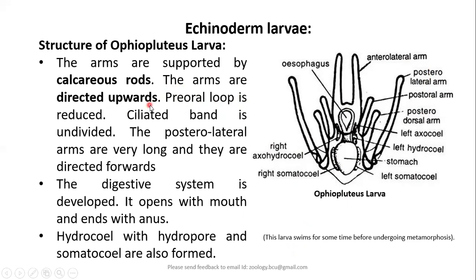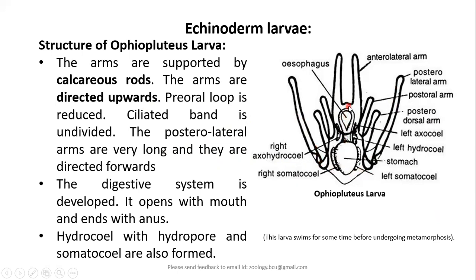The arms are directed upwards, and the pre-oral loop is reduced, and the ciliated band is undivided. The posterolateral arms are very long and they are directed forwards.